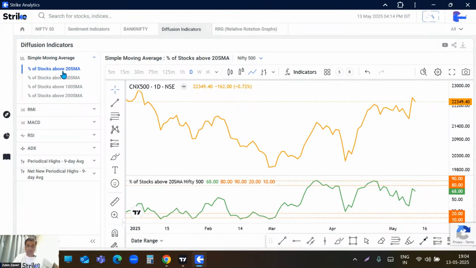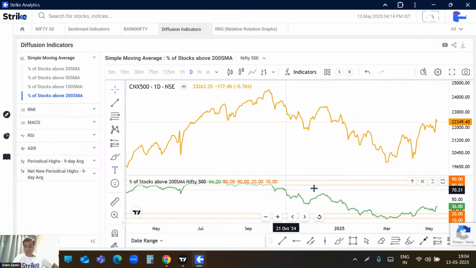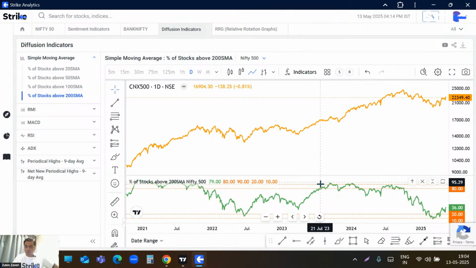And just like this, we also have the percentage of stocks above 200 day SMA. This is a medium term to long term indicator, where the overbought levels do not work as smoothly as the oversold levels work.